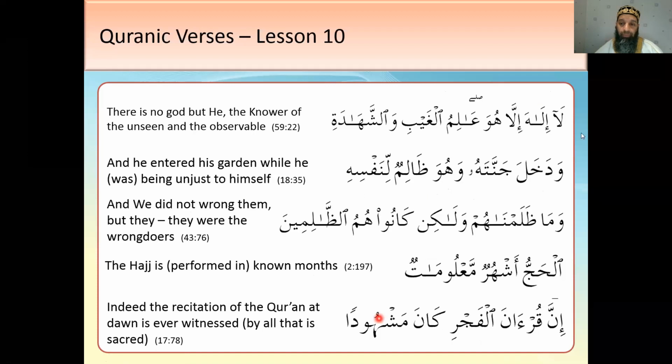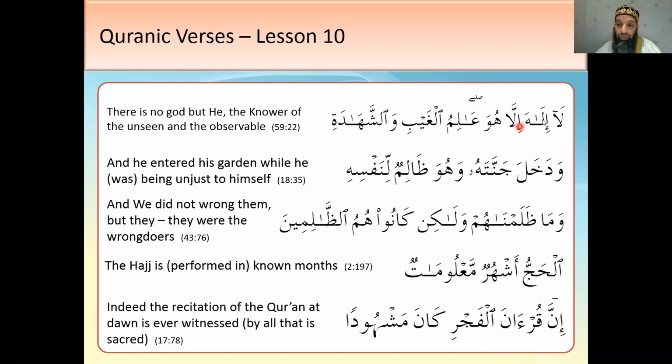Look at this one. La ilaha, no ilah, no God. There is no God except, illa, huwa, him. Remember we did huwa in lesson 1, along with dhalika, tilka, hadha, hadhihi.